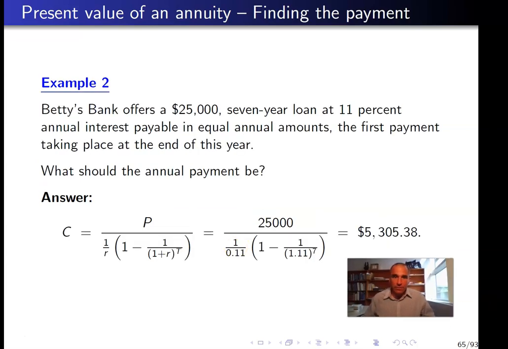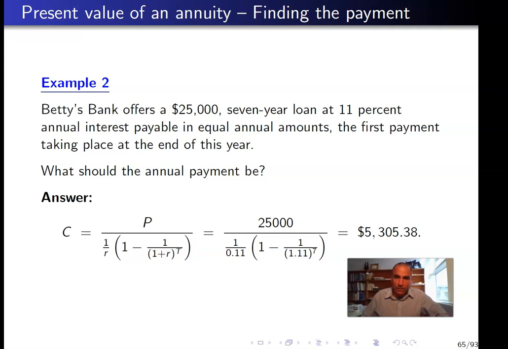A bank offers a $25,000 7-year loan at 11%, being reimbursed with 7 equal payments made at the end of the next 7 years. What should the payment be? The value of the loan is the present value.